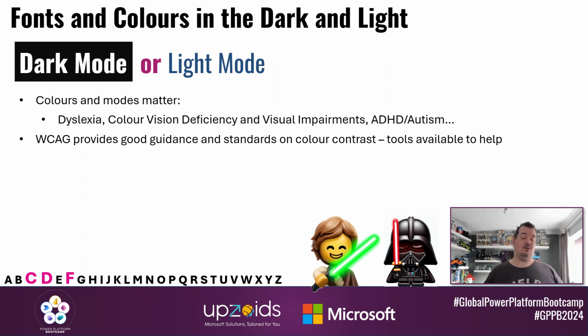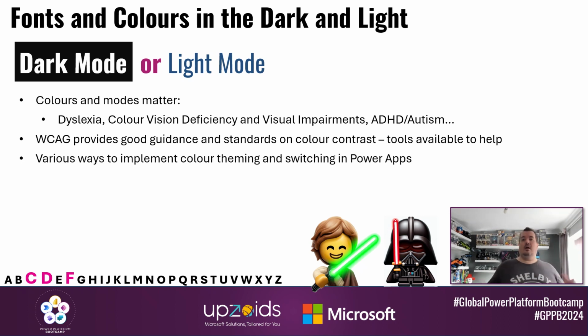Microsoft Office, if you're on the beta channels, you'll notice that they are more and more pushing accessible colour themes, and they're based on the WCAG contrast ratios. And if we look at Power Apps, there are various ways of implementing colour theming and switching.